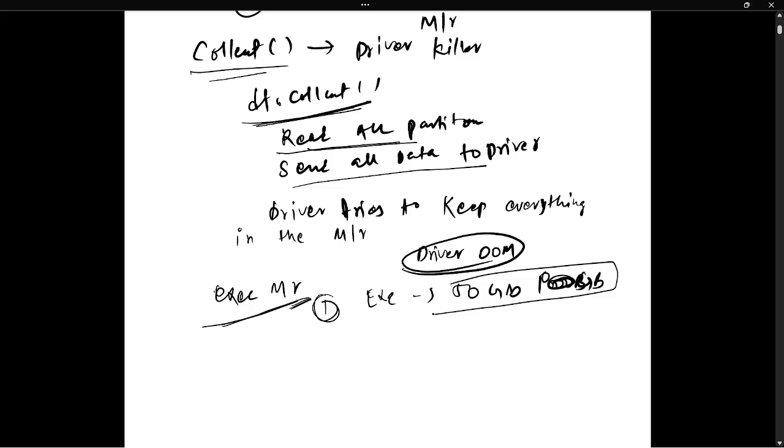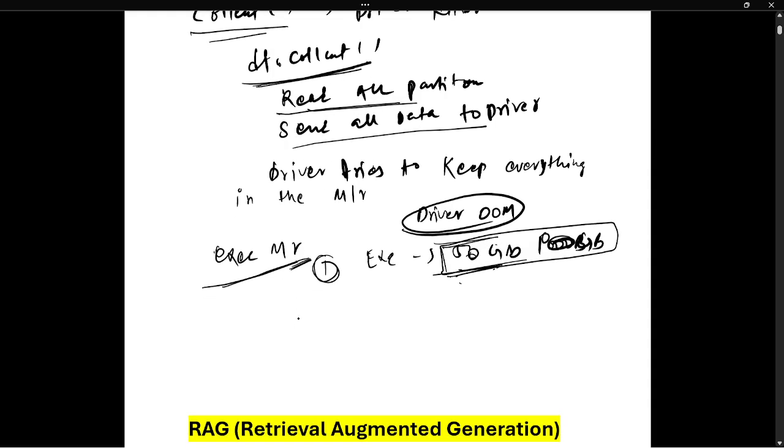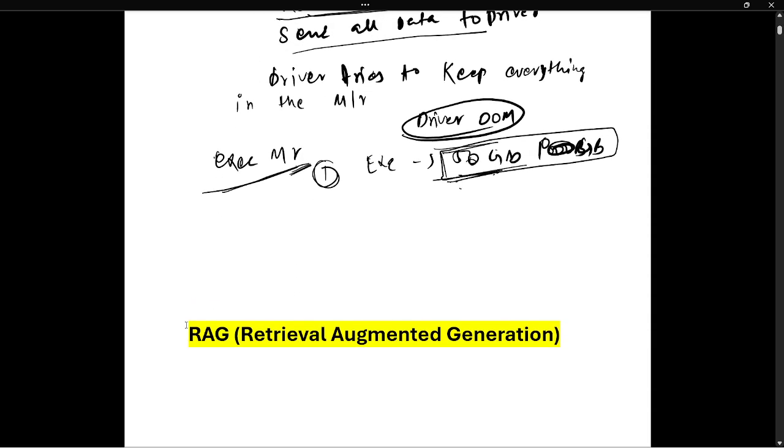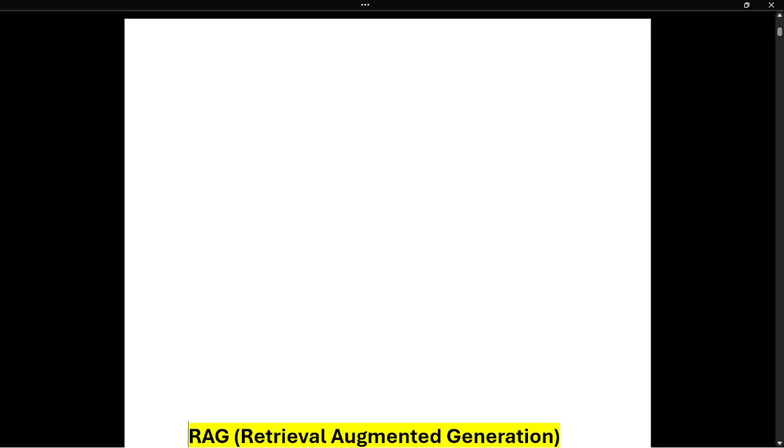Even if we increase the executor memory, this issue still persists. So we don't have to increase the executor memory because this is the issue with the driver. So what is the safer approach? What solution can we provide?